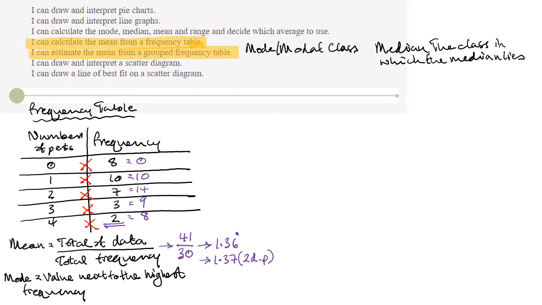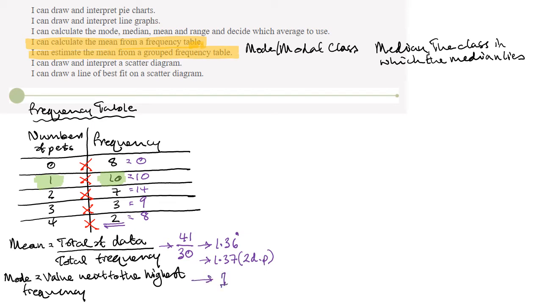Now if I look at this question, my question here, the highest frequency is 10 and the value next to the highest frequency is 1. So in my example here, the mode is 1.